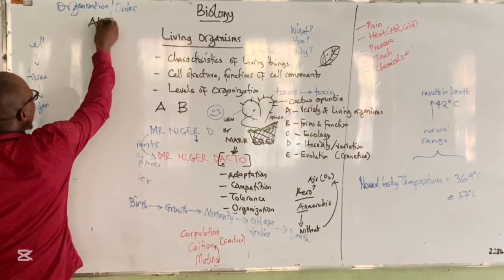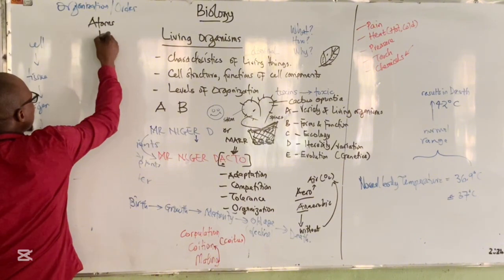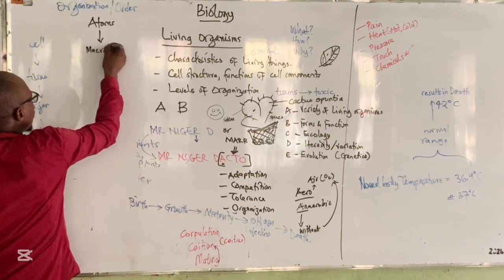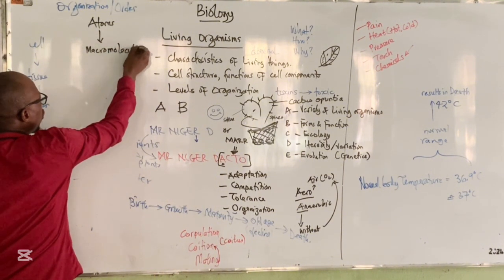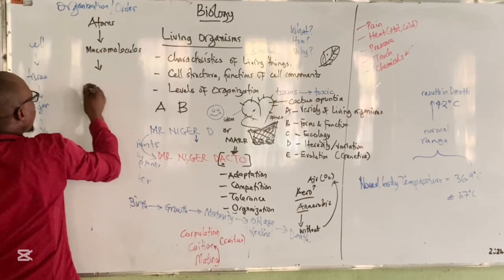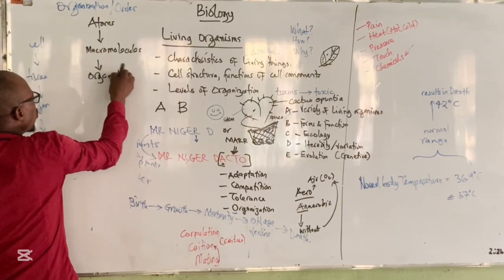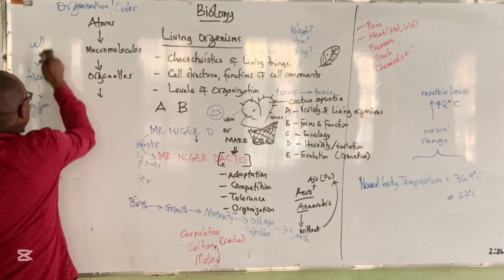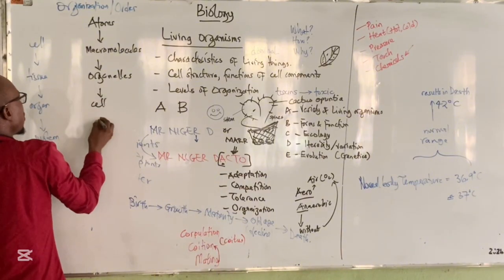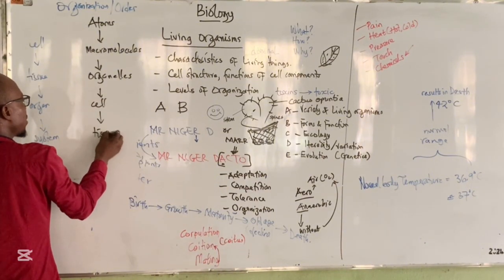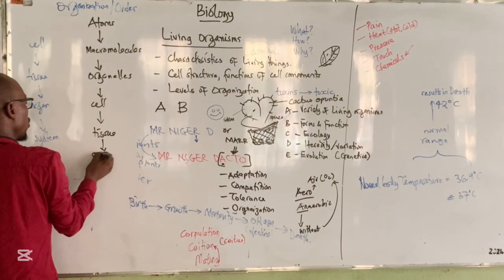They said the level of organization of living organisms starts from atoms to macromolecules, from macromolecules to organelles. From organelles, we can now talk about the cell. To cell, from there we have tissue. From tissue, we have organ.